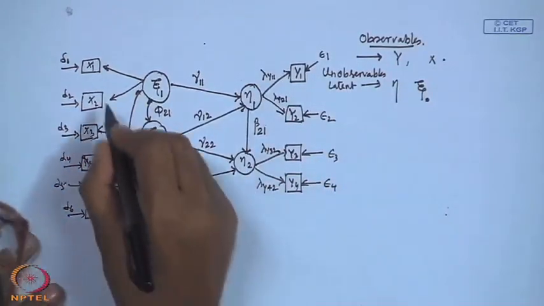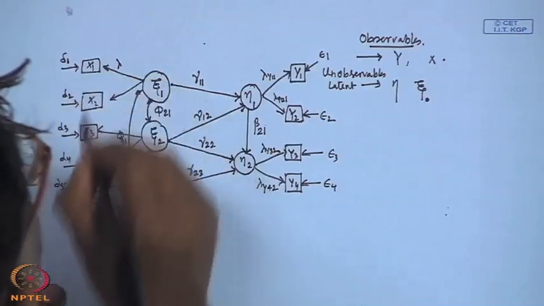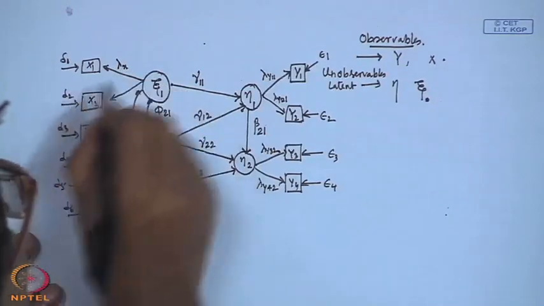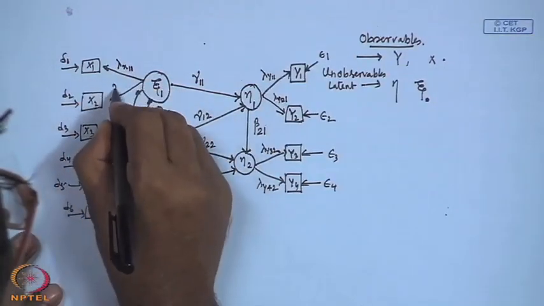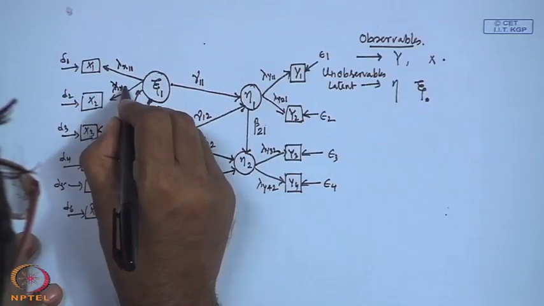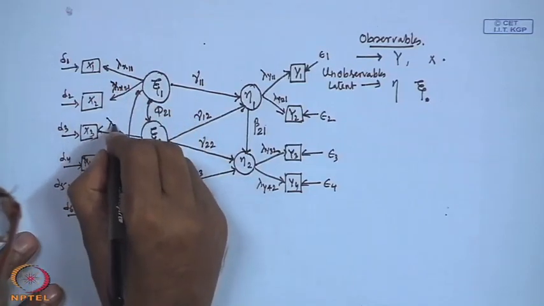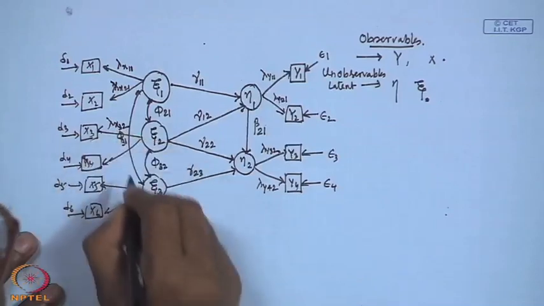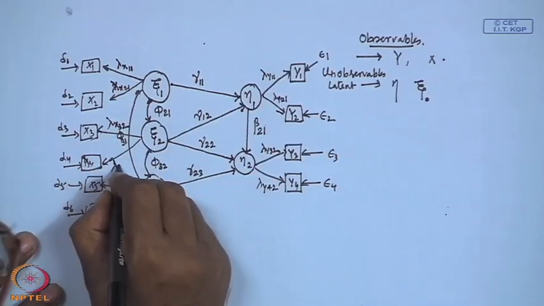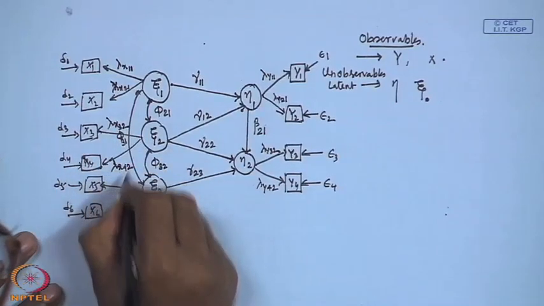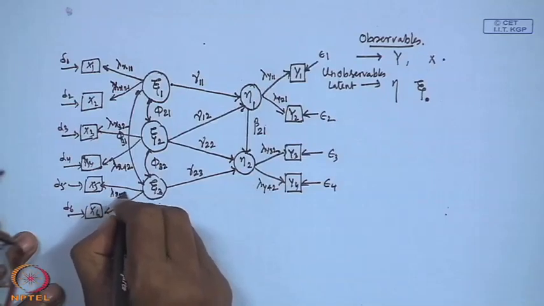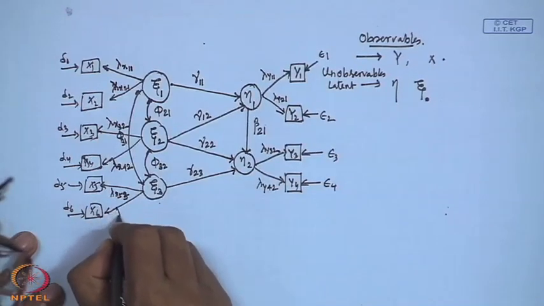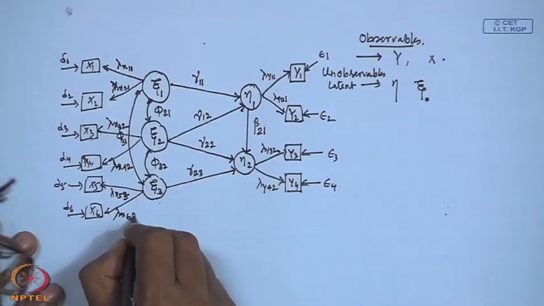So, then this one we can write like this, lambda we are taking as x 1 1, this is your lambda x 2 1, this is your lambda x 3 2, lambda x 4 2, lambda x 5 3, lambda x 6 3.